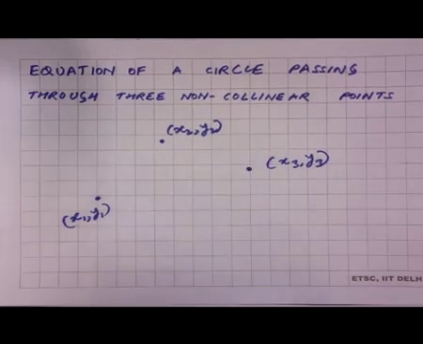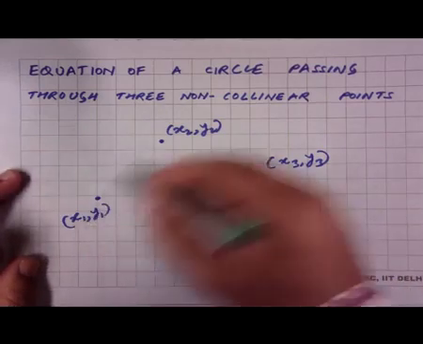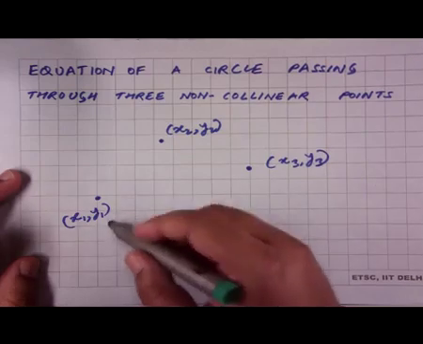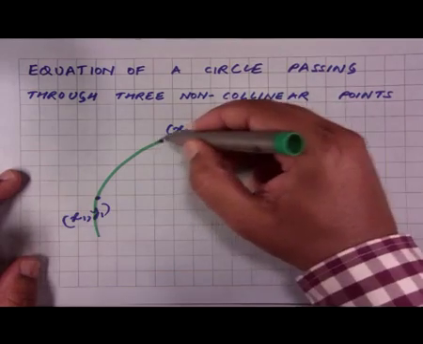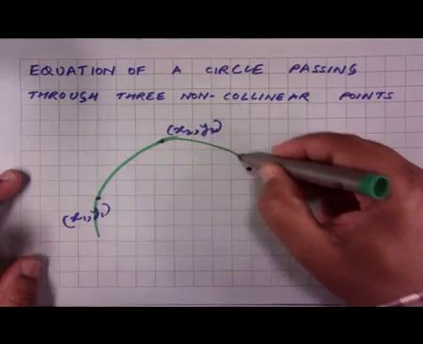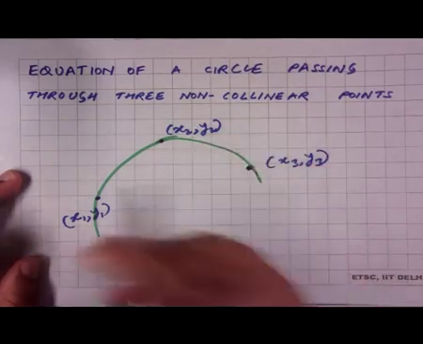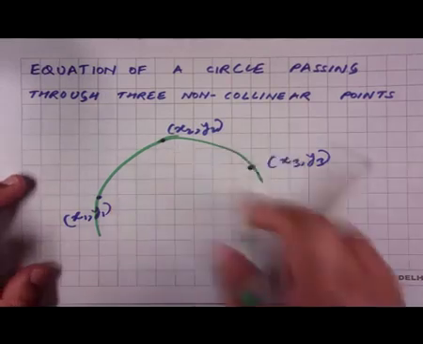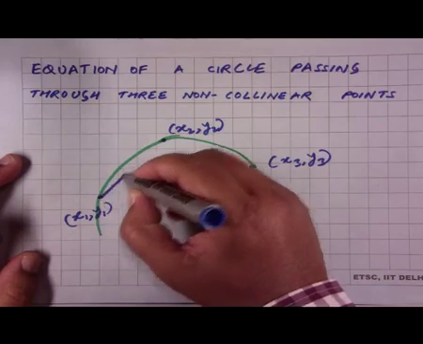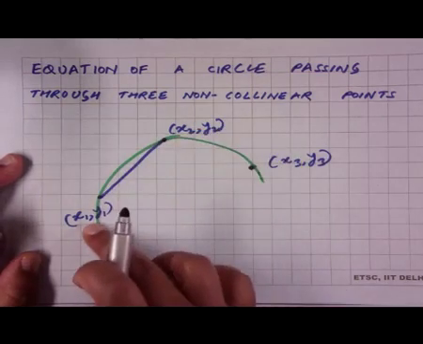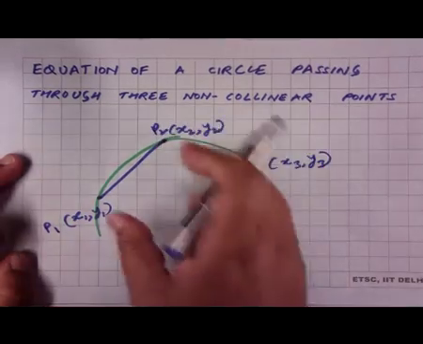So, if there is a circle which passes through all these 3 points, so suppose there is a circle like this which passes through these 3 points, then the straight line joining P1 and P2 will be a chord of this circle.